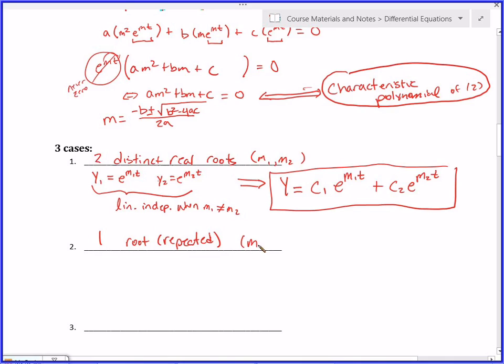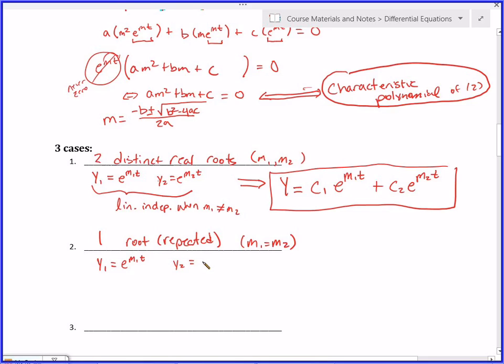In other words, M1 equals M2. Well, now we have a problem. How do we get a second solution? Because I can't write y2 equals e to the m2t because it's the same solution again. I don't have two independent ones then.